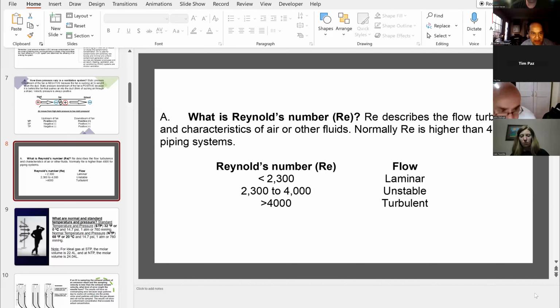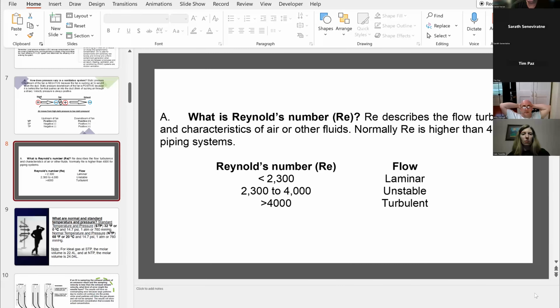Let's talk about the Reynolds number. And this is not Ryan Reynolds from the Mint commercials, right? The Reynolds number describes the flow turbulence and characteristics of air and other fluids. There are three types of flow based on the Reynolds number. If it's less than 2,300, it's laminar.